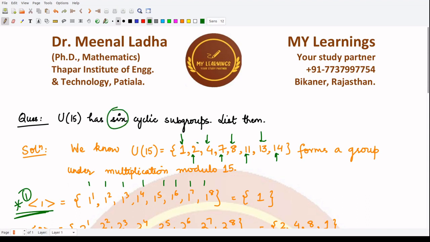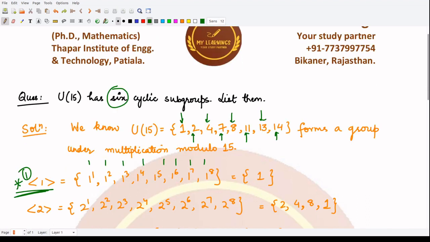Let's see 2, the subgroup which is generated by 2. The subgroup which is generated by 2 is obtained by taking different powers of 2. So when you take different powers of 2, starting from 2 raised to power 1, 2 raised to power 2 and going up to 2 raised to power 8, you will see you only have 4 different elements which are 2, 4, 8 and 1. Correct? So when you take 2 power 1, it is 2.